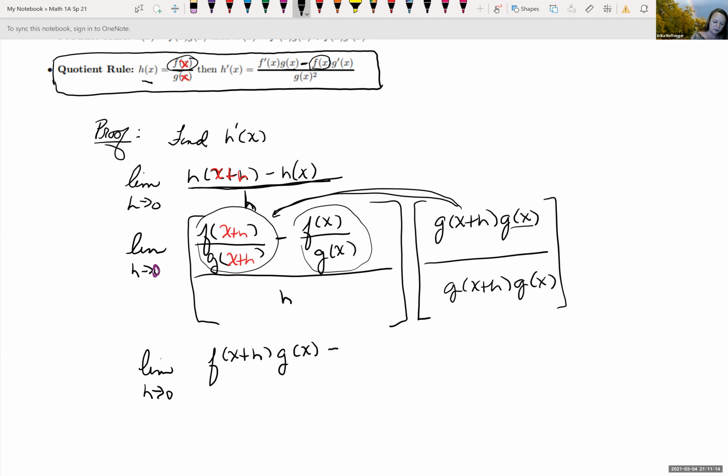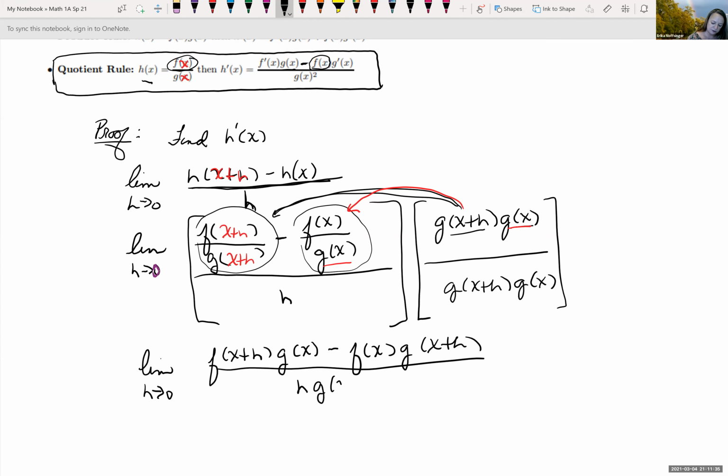Minus, so now when we distribute this to the second fraction, our g of x terms are going to cancel, and we're left with this f of x, our numerator, all times the g of x plus h. And this is all over h times g of x plus h times g of x.